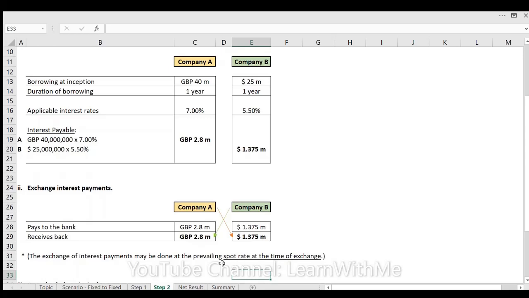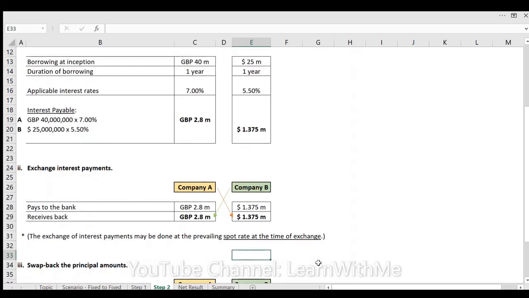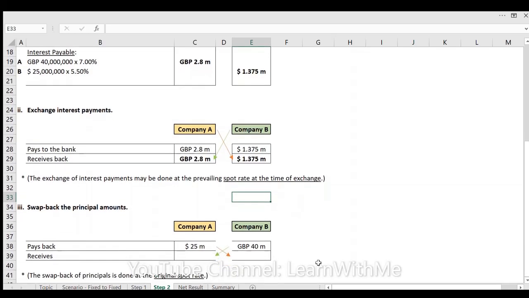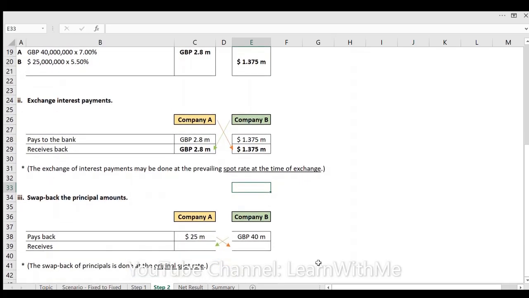Finally, the transaction is complete and we've reached the end of the period. Now the purpose is served, you need to pay back the banks. So this interest amount is swapped back. The principal amount is re-swapped. The principal amount is swapped back by the companies.